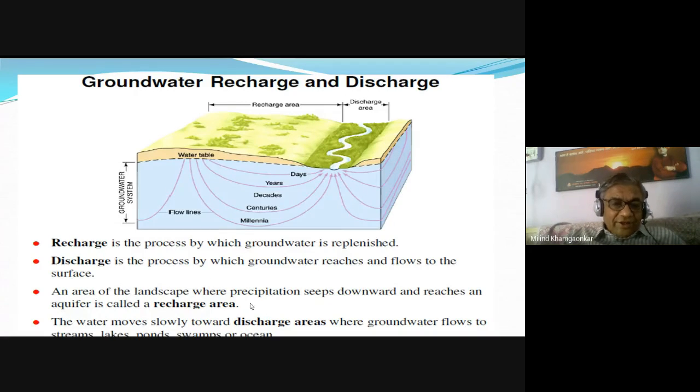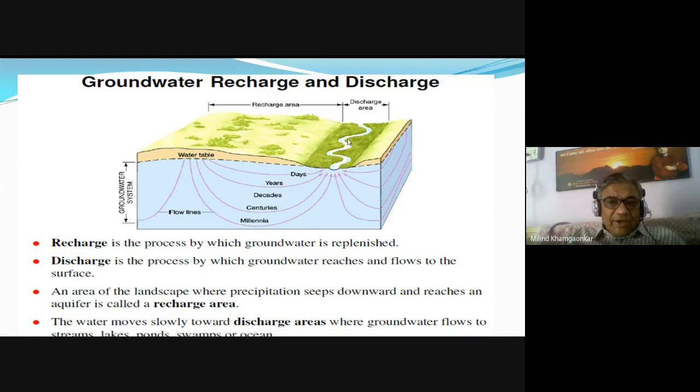Then the recharge area. An area of the landscape or the soil or the topography where the precipitation seeps or percolates or infiltrates downwards and reaches an aquifer is called the recharge area, as has been shown here.